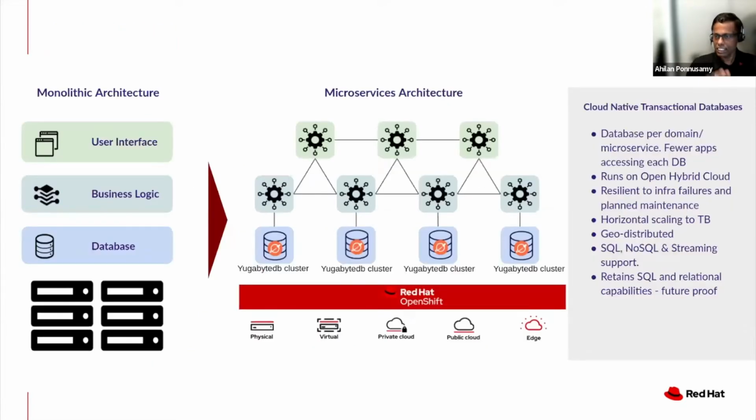Okay, so this is how we see this all fitting together, right? If you look at it, on top of a hybrid cloud ecosystem, that is your physical data center to virtual to private cloud, public cloud, edge, we will have a consistent platform as a service deployment on top of Red Hat OpenShift, which is basically the open hybrid architecture model that we spoke about. Then we will have the data plane deployed and managed on top of it by Red Hat OpenShift that supports all your microservices cloud native architecture.